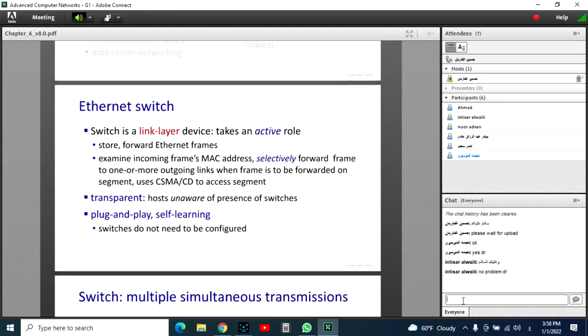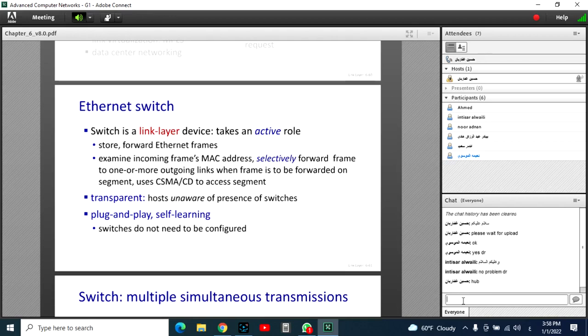What is a network switch? Inside a network, we have 3 different connecting devices. The first one is the hub. A hub is a small device with multiple ports.